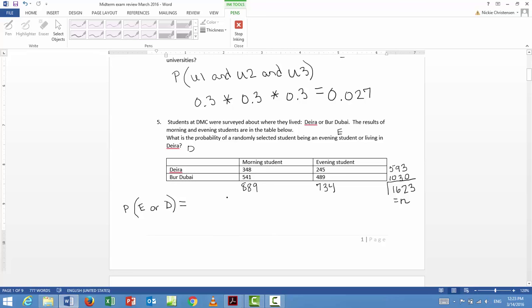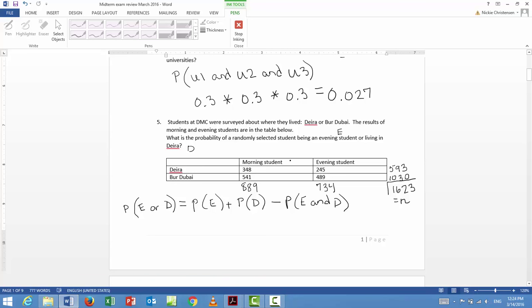So what we're going to have to do, we're going to have to add two probabilities and then subtract out the shared probability. So the probability of evening or Dira is going to be equal to the probability of evening plus the probability of Dira minus the probability of evening and Dira. Okay? So now, because we've done our groundwork, it's just a matter of slotting in the probabilities.